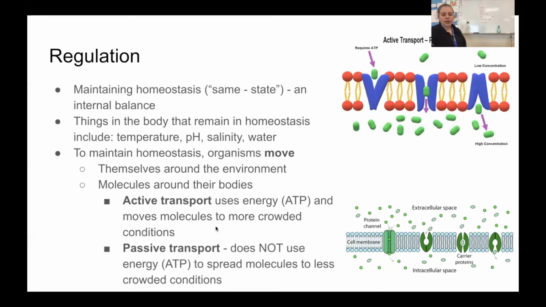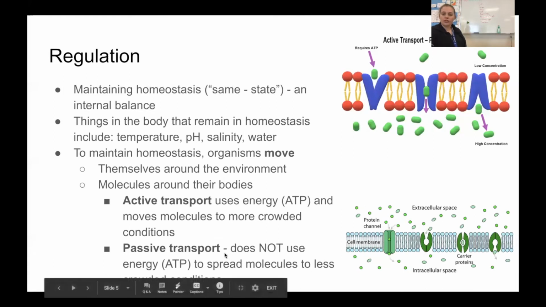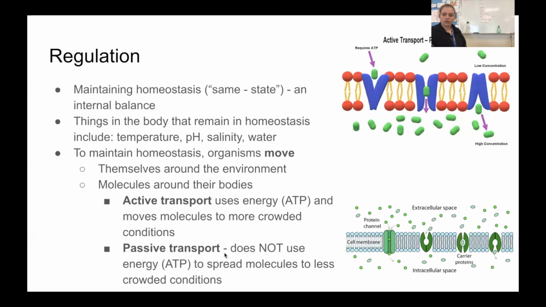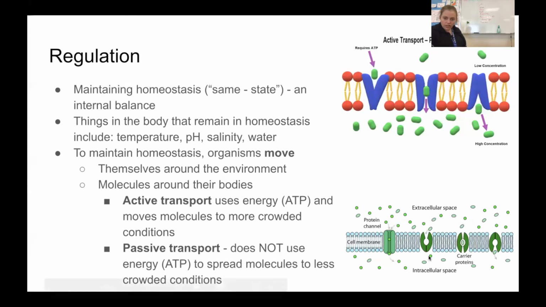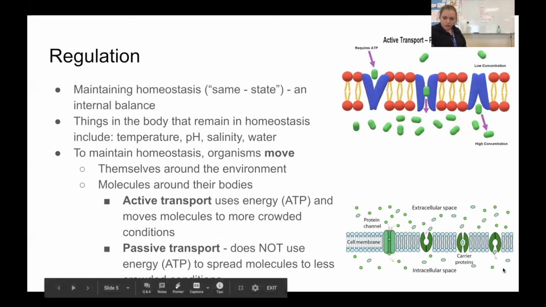So we have to transport materials, and you can do that passively, which does not require any energy. Materials just spread out. You've probably seen this if you've ever dropped food coloring in water. So here we have an example of this. You see all the little green circles here. There's a lot of those little green circles on this side. There's very few little green circles on this side.